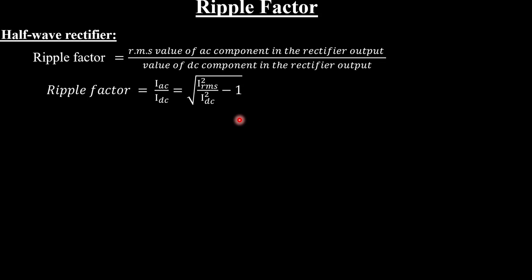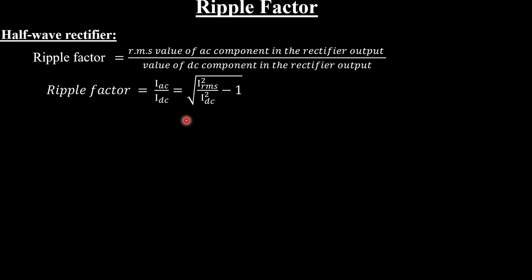Or in practical cases, we can directly measure it as VAC by VDC, where VAC is the AC component in the output voltage, and VDC is the DC component in the output voltage. Generally this is the expression.